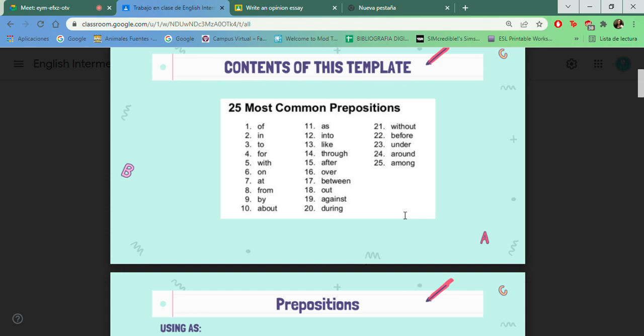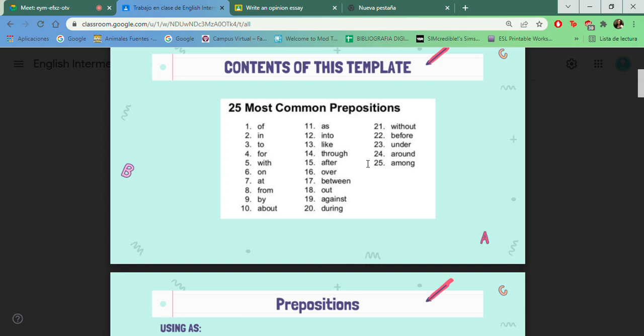Remember, after prepositions, we have to use the verb in ing, right? Except for to in most of the cases. Sometimes, even when we use the preposition to, we have to write it in ing in some cases, just some cases.